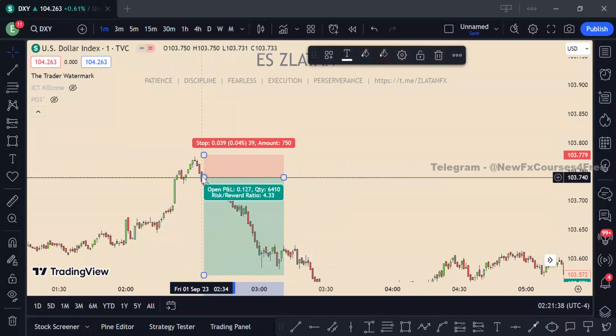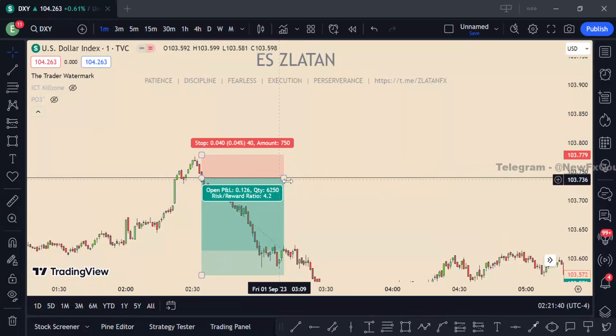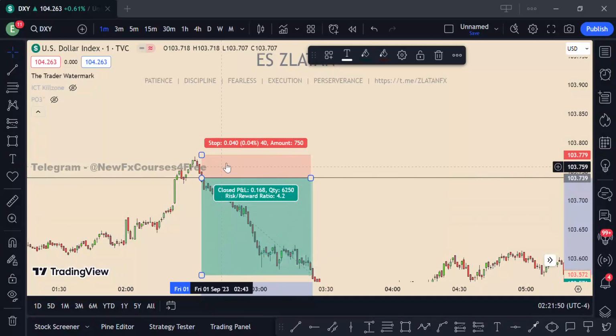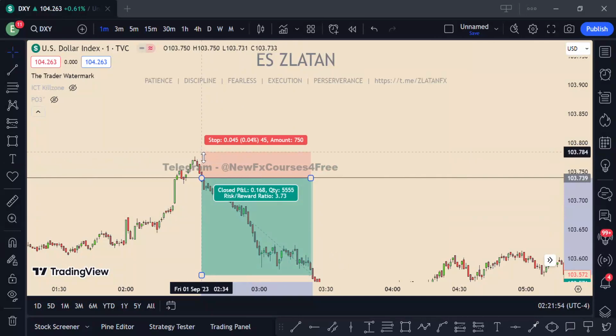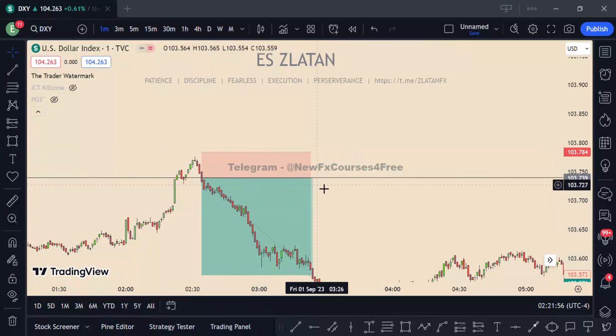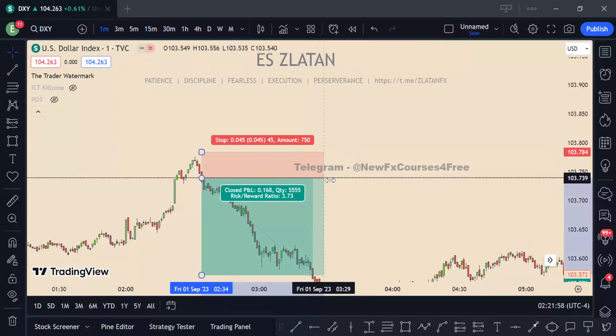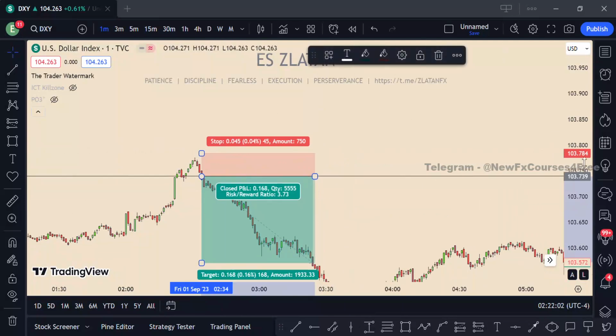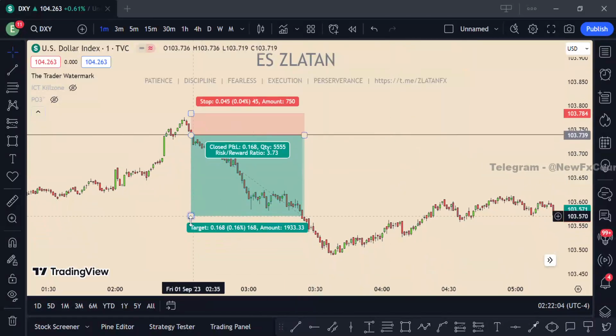Why? It has swept out liquidity. Once price sweeps liquidity, it automatically makes that high or that low a high resistance liquidity run. So if we are right, the market shouldn't take away this high, right? And just a reminder, you're gonna miss it more times than you actually think you're gonna get it because you're trying to rush into this.